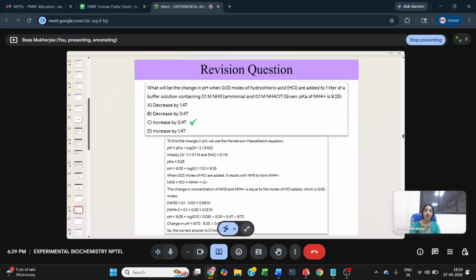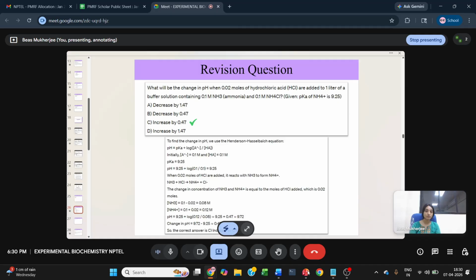Okay. Now, when 0.02 moles of HCl are added, it reacts with NH3 to form NH4+. So the equation is NH3 + HCl gives NH4+ Cl-. The change in the concentration of ammonia and NH4+ is equal to the moles of HCl added, which is 0.02 moles. Now the concentration of ammonia is 0.1 minus 0.02, that is 0.08 molar.